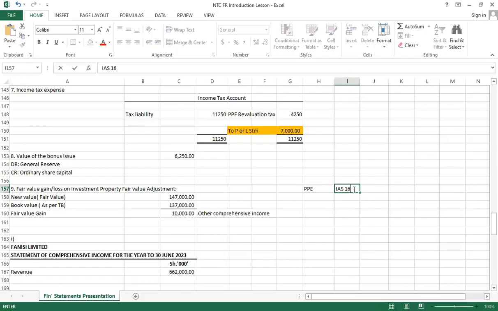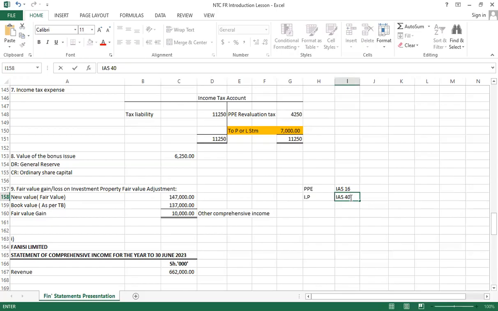When you come to the investment property, you are now looking at a different accounting standard, IAS 40. And examples of investment property are like the financial assets, whether it is through profit or loss, or the financial assets available for sale through fair value.